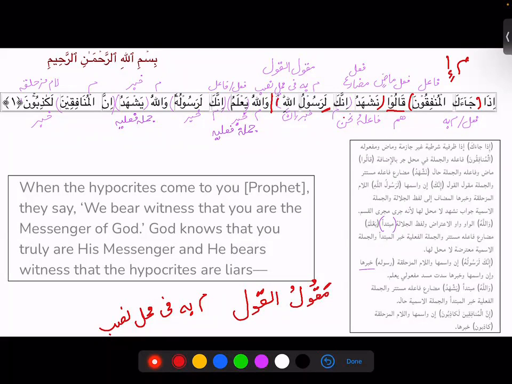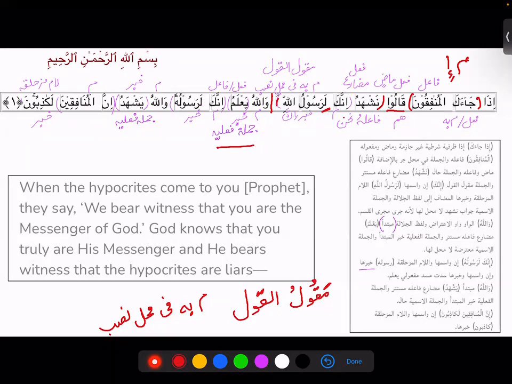Wallahu. So what kind of sentence are we looking at? Jumla ismiya. So wallahu is our mubtada, and ya'lamu is the khabar. Ya'lamu is a fi'l, and this khabar is a jumla failiya, a complete sentence. So this ya'lamu is the khabar of the mubtada, the word Allah.